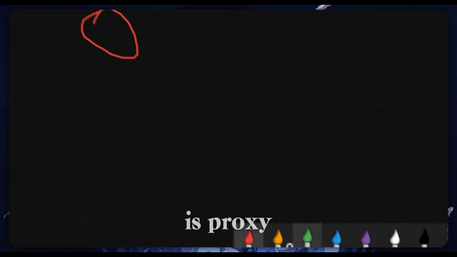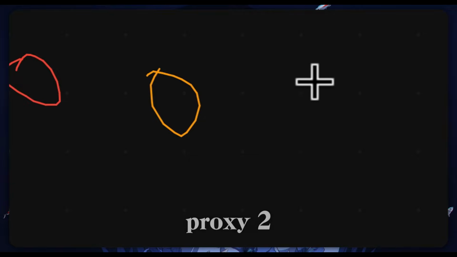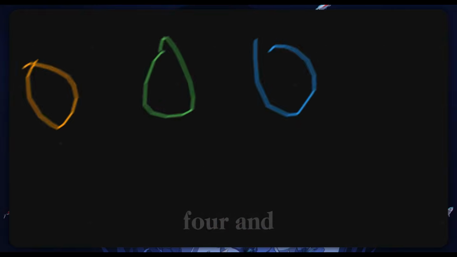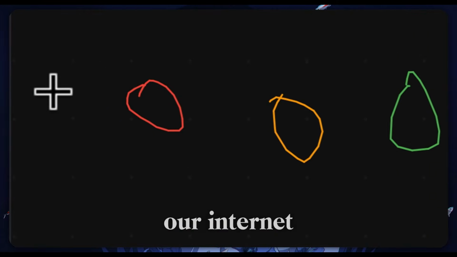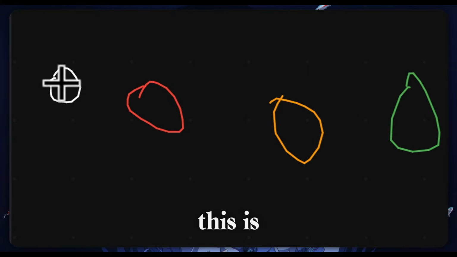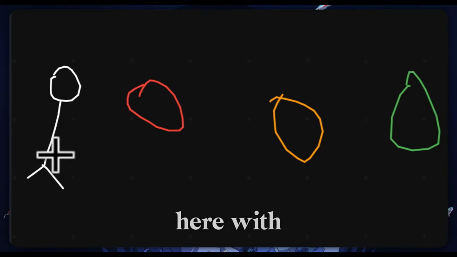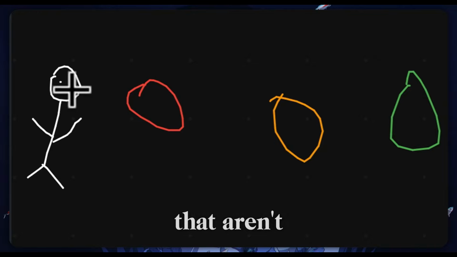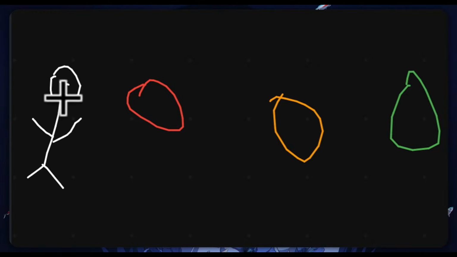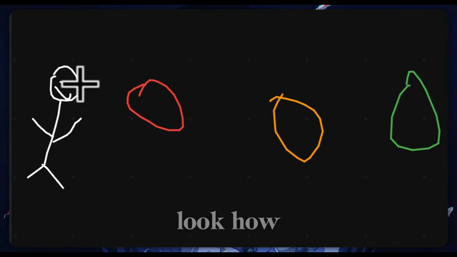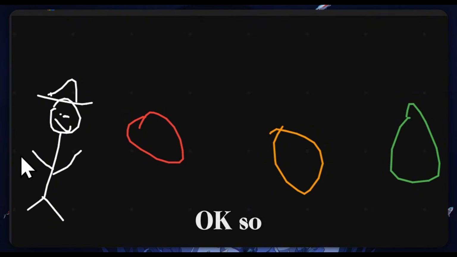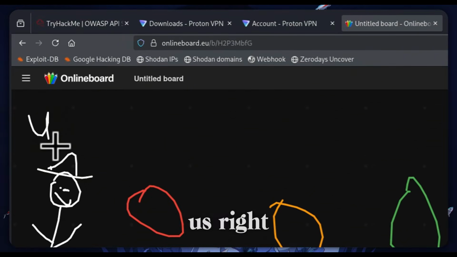Okay, so let's say this is proxy 1, proxy 2, proxy 3, and proxy 4, and our internet traffic, this is us right here with our beautiful drawing skills. Ignore that. Okay, look how happy he is. Let's give him a little hat too. Perfect. Okay, so this is us, right?